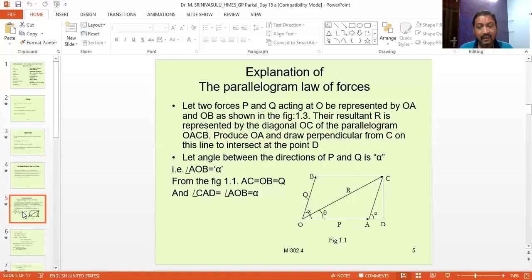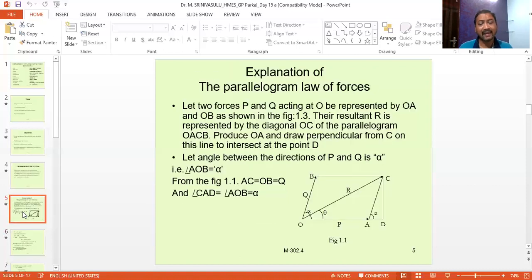Generally the bigger force is taken as the horizontal side, and whatever the angle made by the resultant, that is the angle made with the horizontal. Here R is the magnitude of the resultant force, and theta is the angle made by the resultant with the horizontal. So that is the direction of the resultant force.